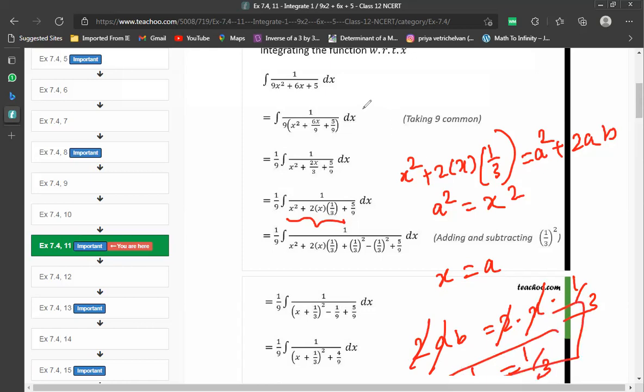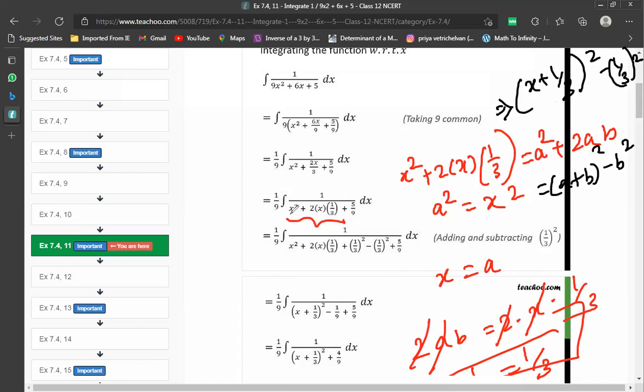Right? So a square plus 2ab is equivalent to a plus b the whole square minus b square, isn't it? So the value of a is x and the value of b is 1 by 3. So it's x plus 1 by 3 the whole square minus 1 by 3 the whole square.